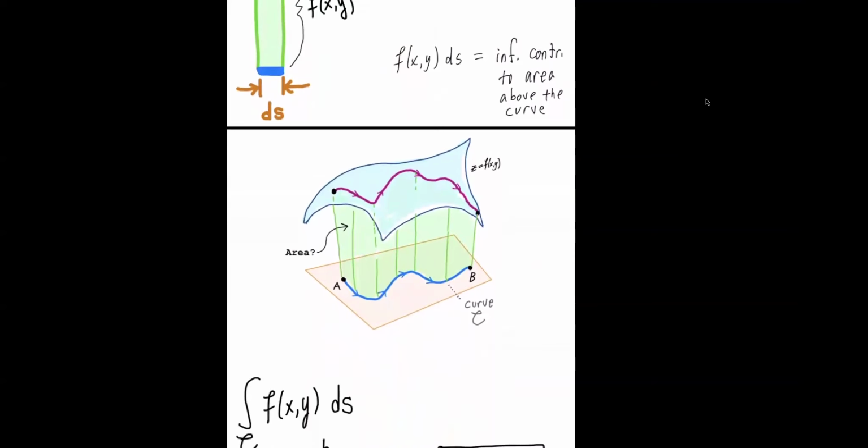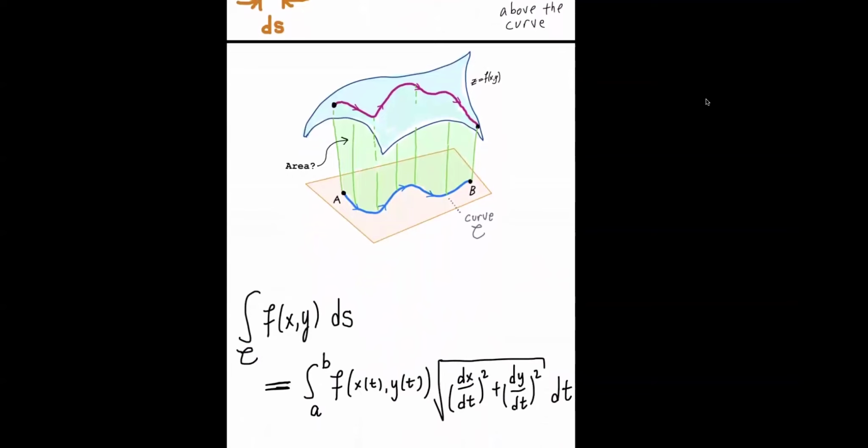If we want to evaluate an integral over the curve C, f of x, y ds, thinking of this as an integral with respect to the time variable, we can put everything into an expression related to time. So x and y are both functions of the time variable t.